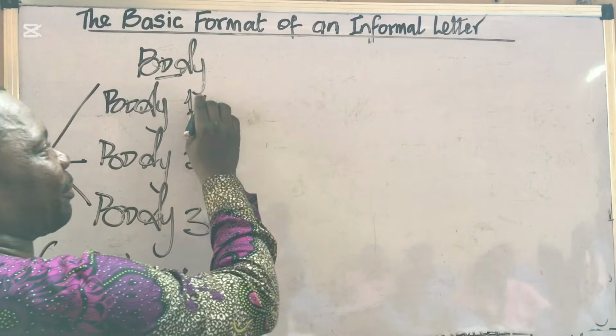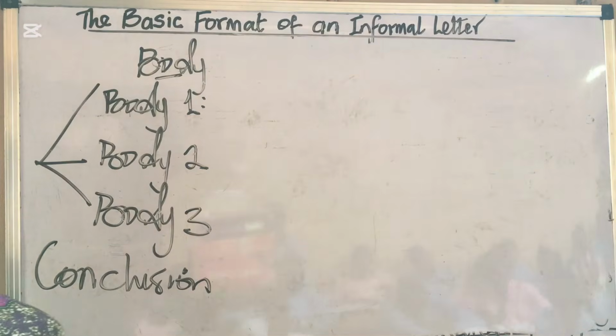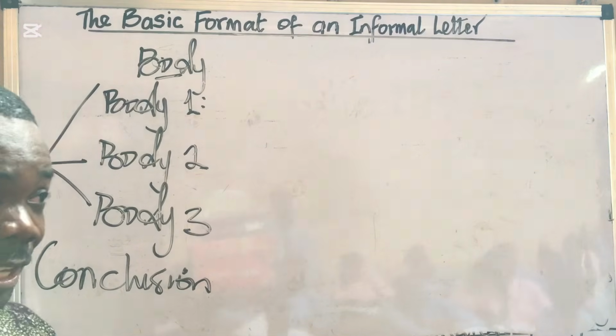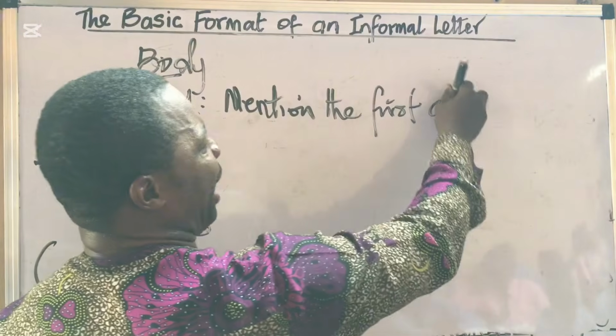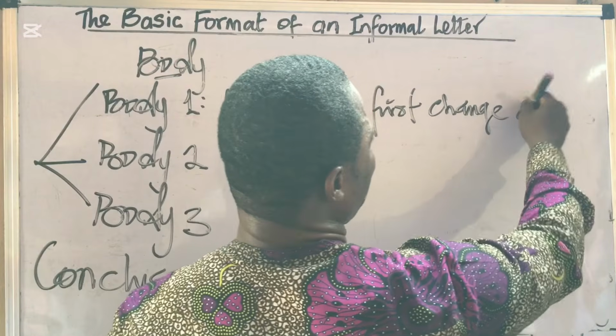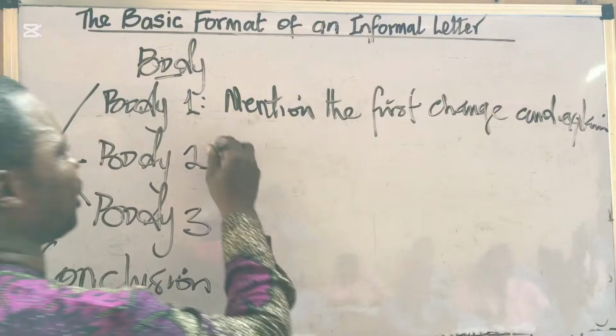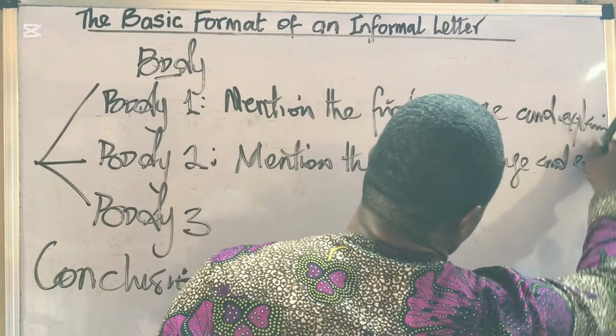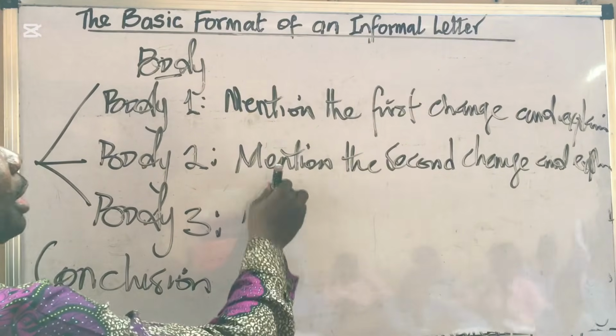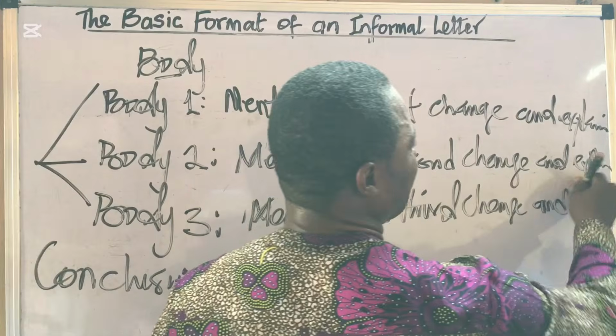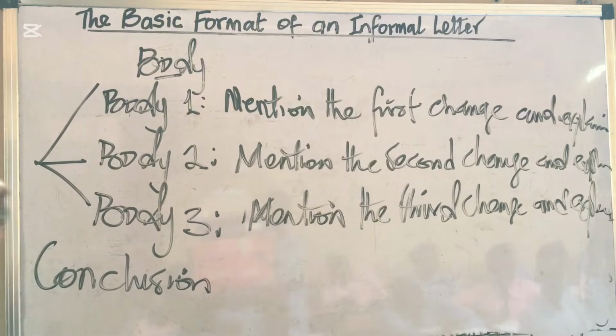In body 1, you have told Samuel that you are telling the changes that have taken place in the village since he went overseas for his studies. So, mention the first change, and what? Explain. Body 2, mention the second change and explain. Number 3, mention the third change and what? Explain. That's all. You have done your job, at least.